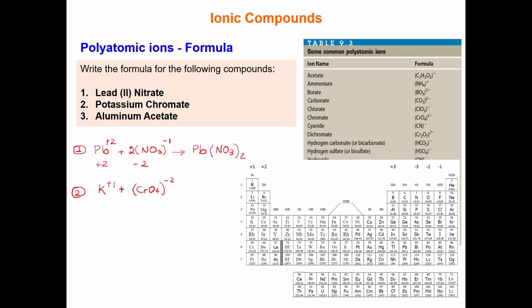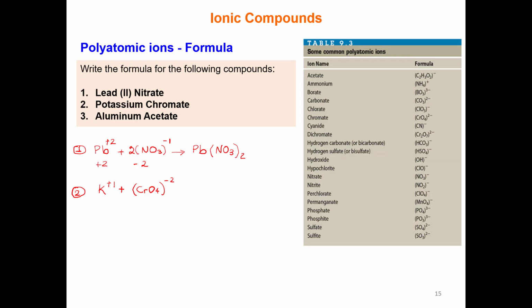Now the next step is to check if we have a neutral compound. In the case of the negative ion, we had -2. But in the case of the positive ion, we had +1. We need +2. Then to get +2, we need to multiply potassium by 2. We need 2 potassium in that case.